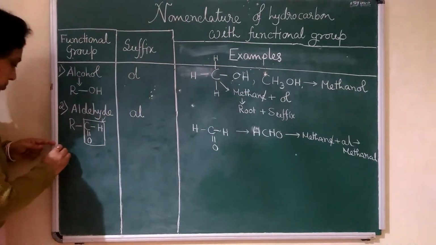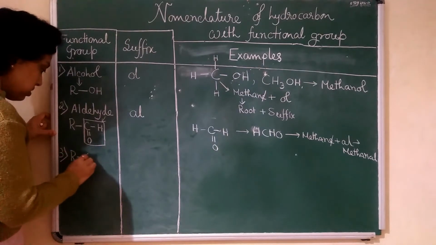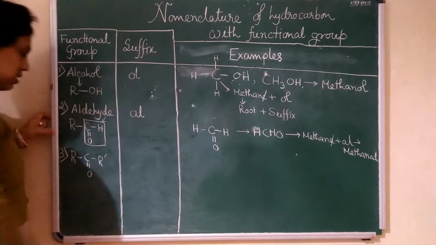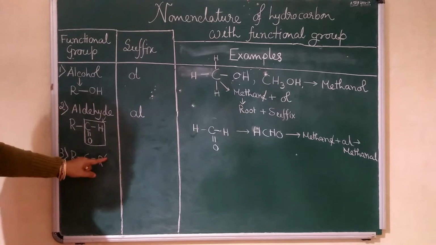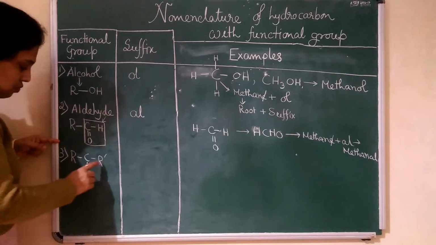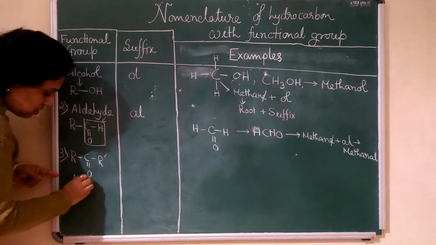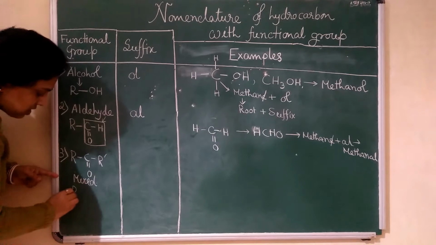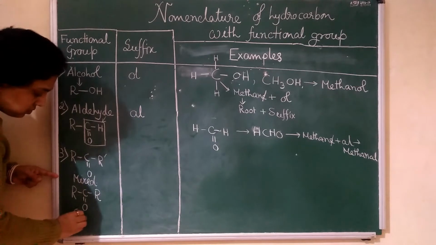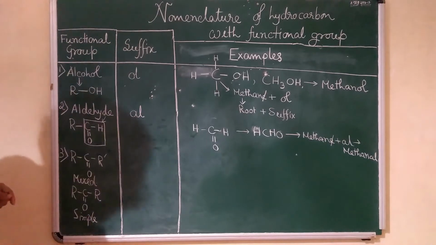Next one, ketone. R, C double bond O, R dash. If R and R are the same, then it is called a simple ketone, and when the R groups are different, it is called mixed. This is one way of classification we are also doing.